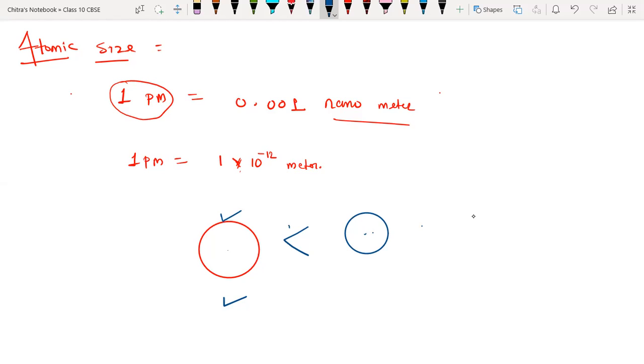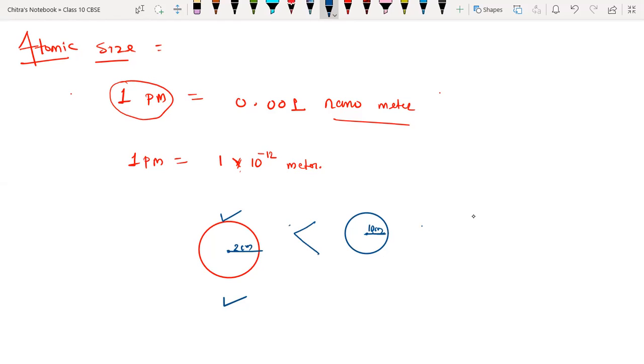So on the basis of their radius, suppose here we have 10 centimeter and here we have only 2 centimeter. Now, which one is greater? The blue one. Yes.